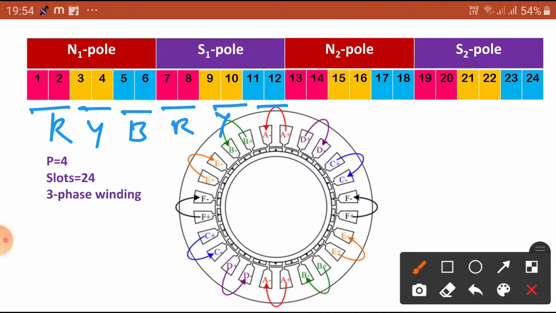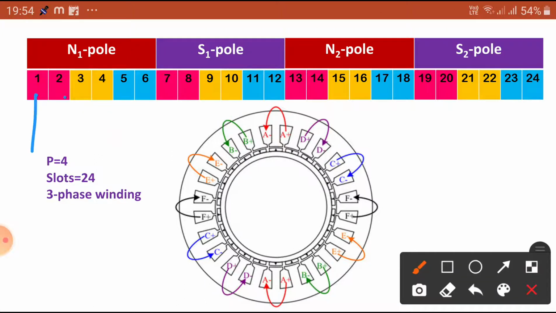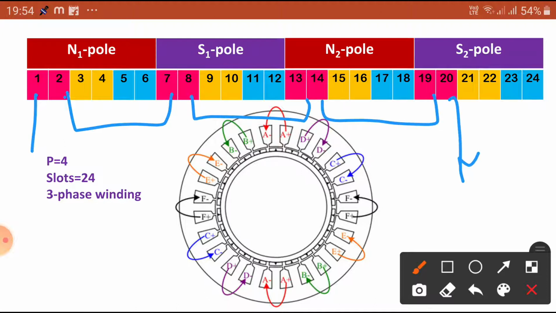That means here we are going to connect the wave winding from this one. We connect this one, and this one, and this one. So, starting and ending, we distributed the R phase. Similarly, if we start here, the winding is inserted here, taken from this one and going to this one, and so on.